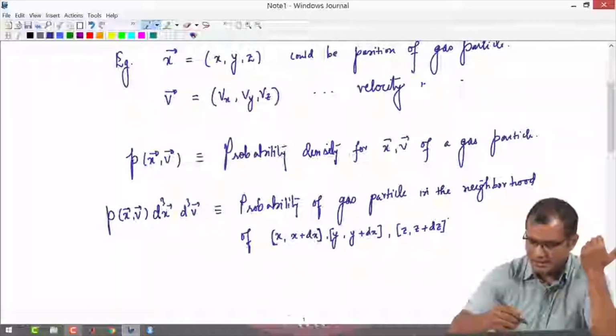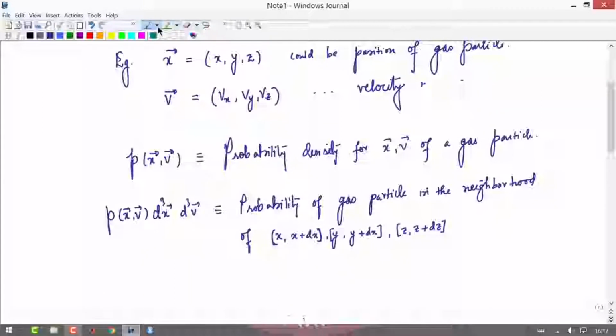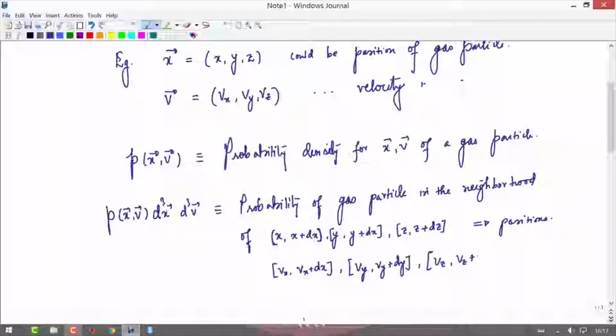So these are like the values of positions, and the velocities are within the range Vx to Vx plus dVx, and the y component of velocity is in the range Vy to Vy plus dVy, and the z component of velocity is in the range Vz to Vz plus dVz.